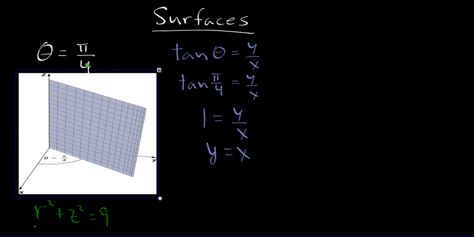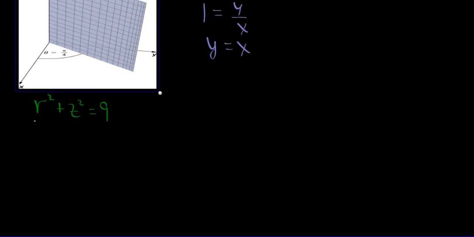And notice here you've got the pi over 4, and the plane just runs. As long as you keep theta pi over 4, r and z take on all values. So you get a plane. It's like the line that's just been extended. Now it goes up on the z-axis and down. So that's a surface with cylindrical coordinates.